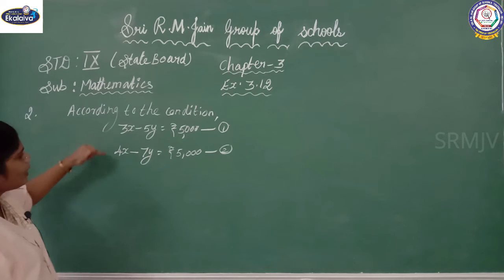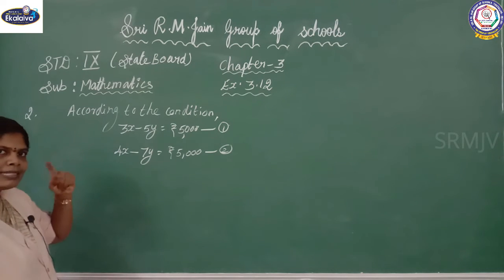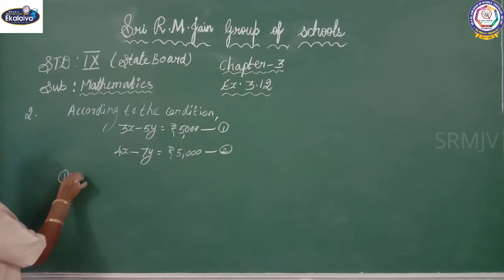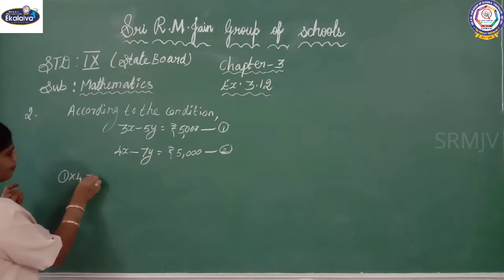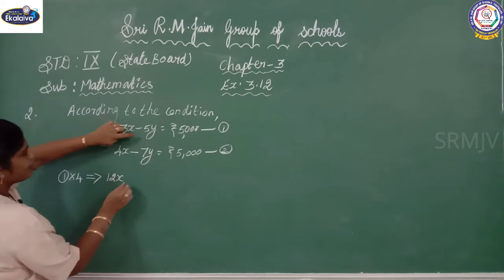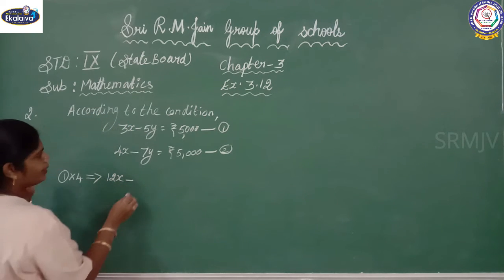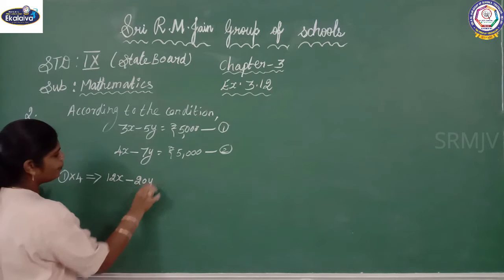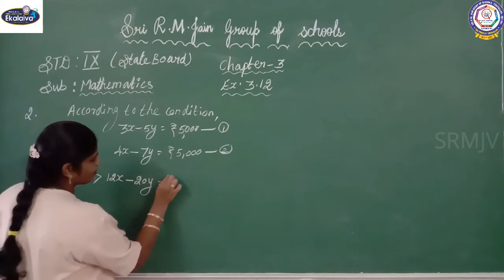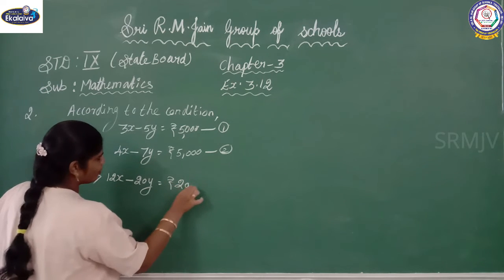See the coefficients here, 3 and 4. Since the coefficients differ, first we need to make them the same. The first equation I am going to multiply by 4: 4 threes are 12x minus 4 into 5y, 20y, equals 4 into 5,000, rupees 20,000.